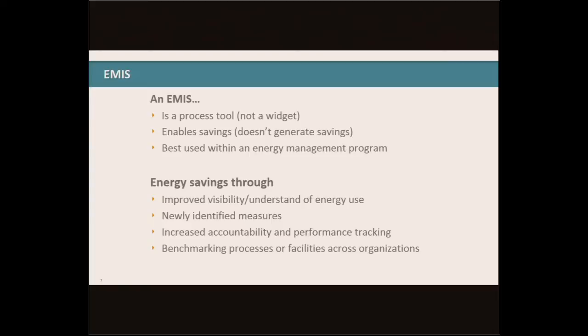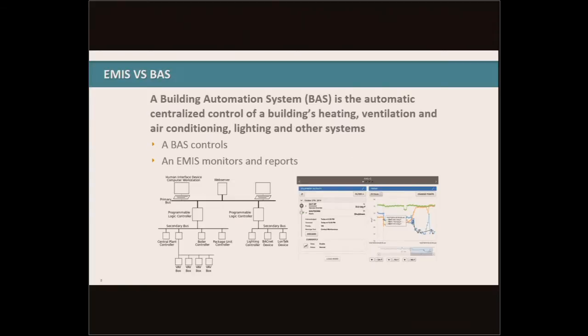One clarification I wanted to make, going back to the different acronyms on the market: an EMIS versus a building automation system, they are not the same thing. They may have some elements that are similar. There's definitely some crossover between the two platforms. But a building automation system is the automatic centralized control of a building's heating, ventilation, air conditioning, lighting, and other systems.